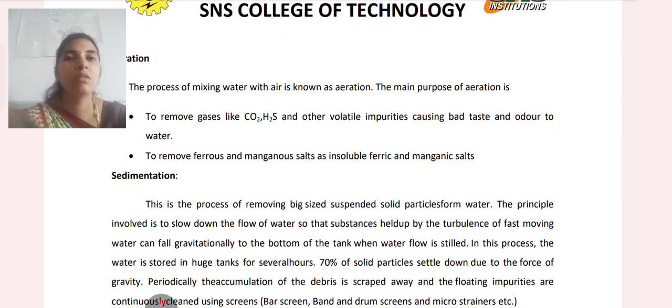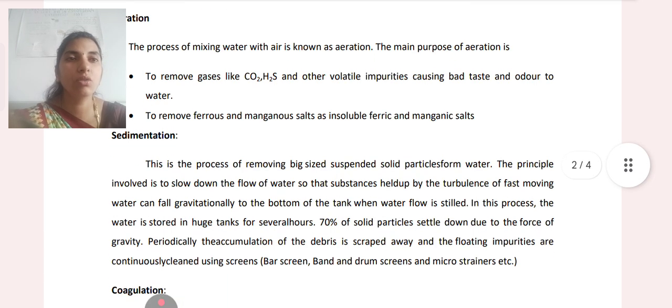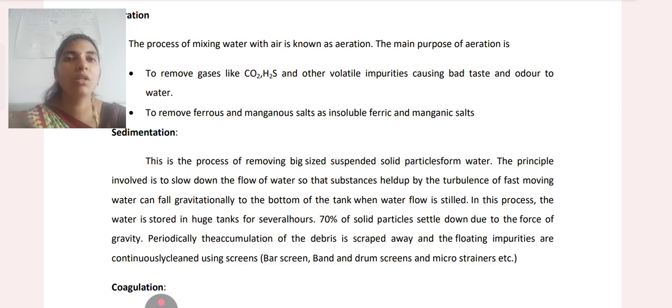Sedimentation. This is the process of removing big-sized suspended solid particles from water. The principle involved is to slow down the flow of water so that the substances held up by the disturbance of fast-moving water can fall by gravity to the bottom of the tank.